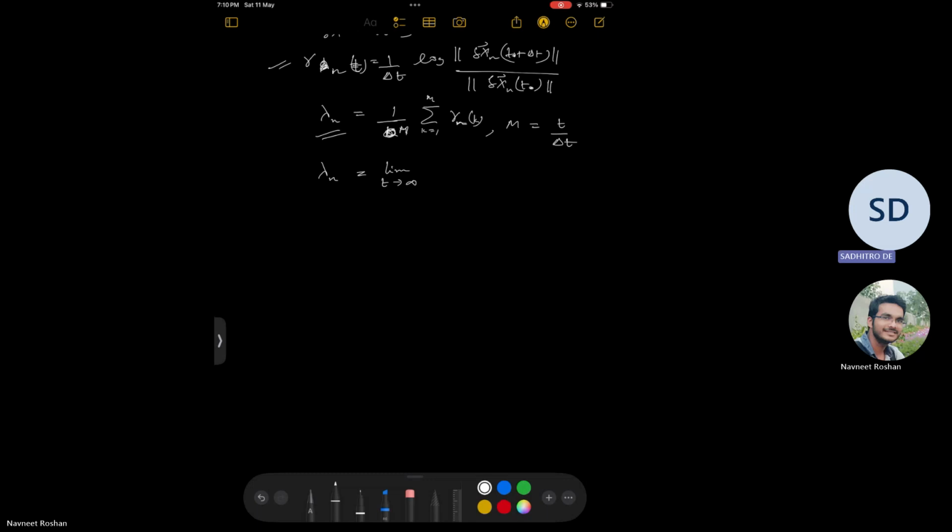M is basically what? So upon evaluating the summation, we get the final expression for the Lyapunov exponent.